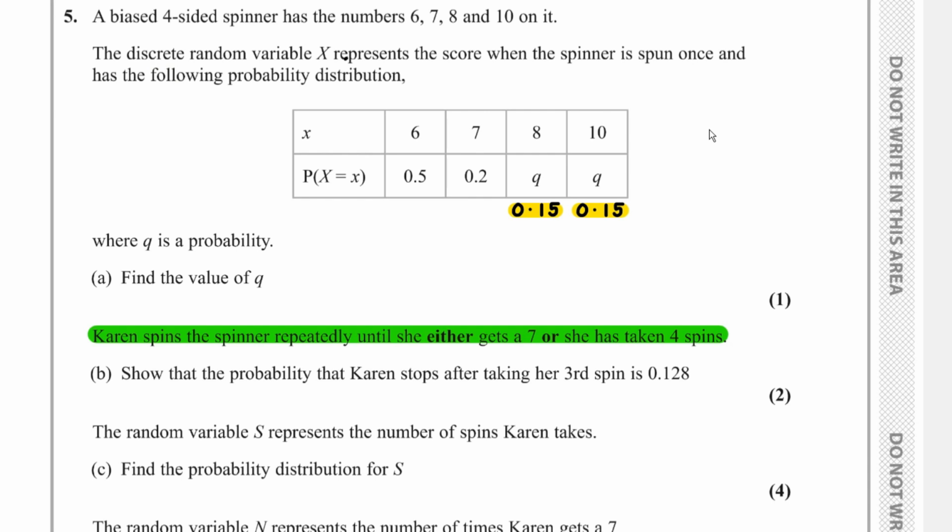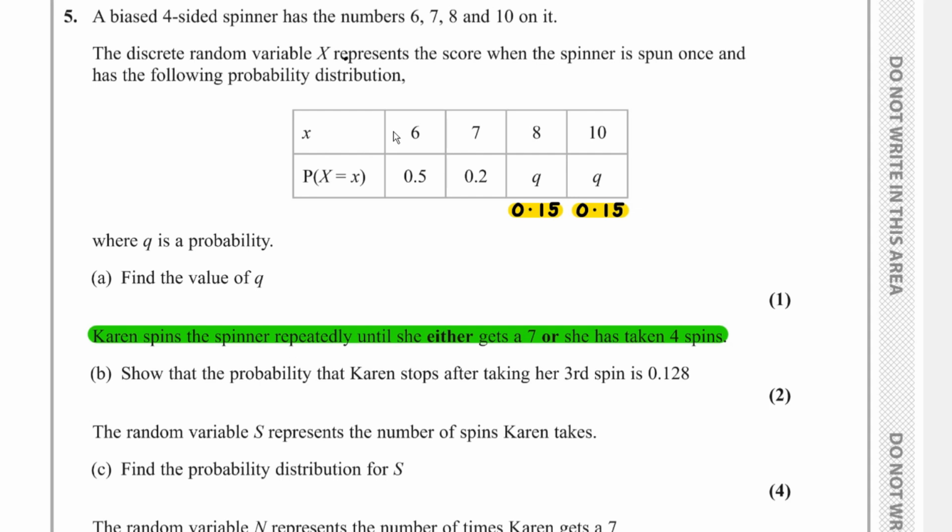If we think about what this means in terms of the different outcomes, we could get a 6, and then a 7, or we could get a 6, an 8, and then a 7, or we could get a 6, a 10, and then a 7, or we could get an 8, a 6, and a 7, or we could get an 8, then another 8, then a 7, or we could get an 8, a 10, and then a 7, or we could get a 10, a 6, and then a 7, or we could get a 10, an 8, and a 7, or we could get a 10, another 10, and then a 7.